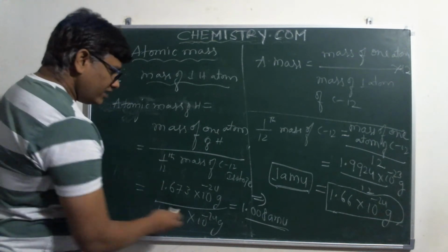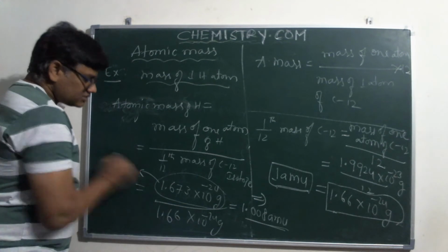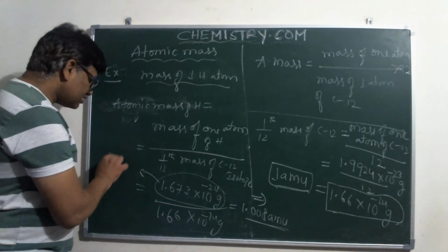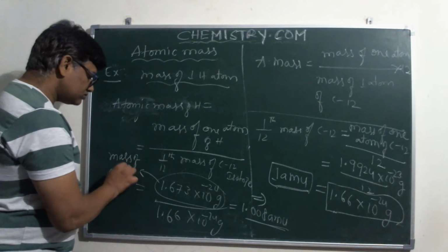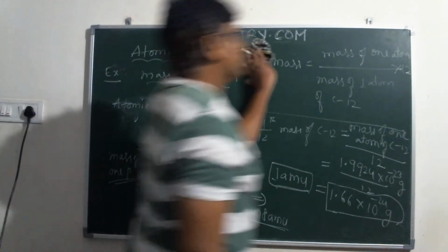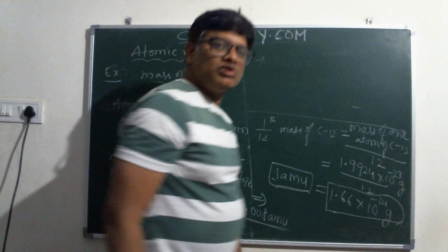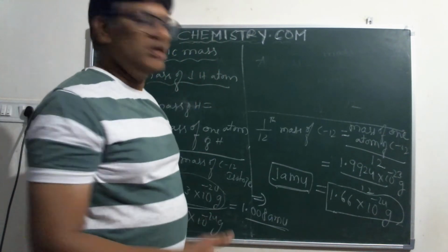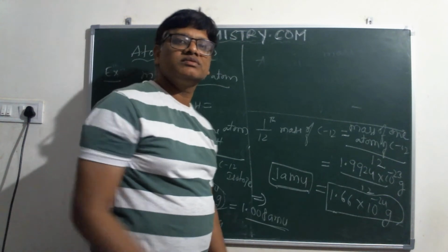Now why am I taking this mass? It is the mass of one proton present in the nucleus of hydrogen. Generally the mass of a proton and the mass of a neutron are nearly the same, equal to 1/12 mass of carbon 12 isotope.